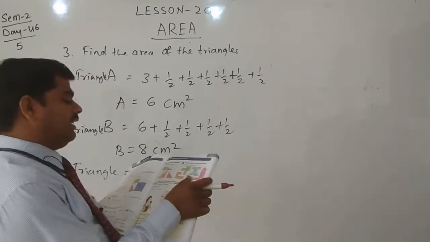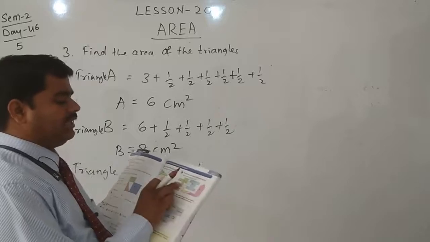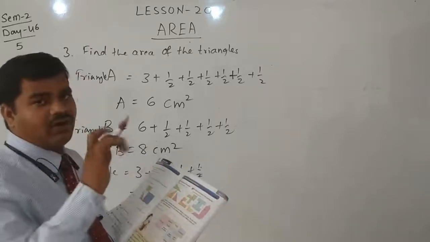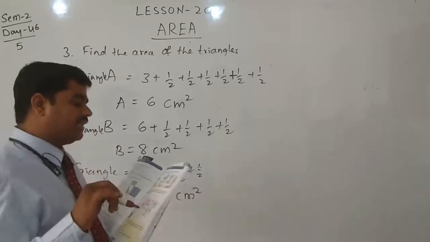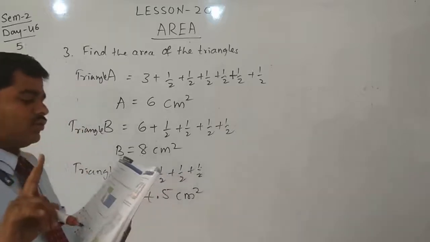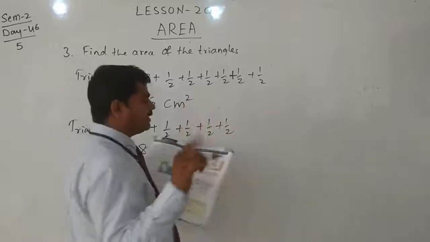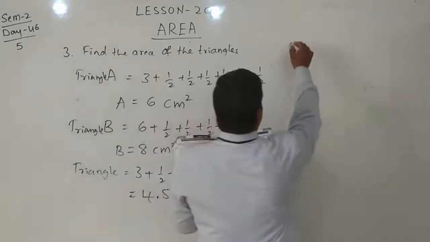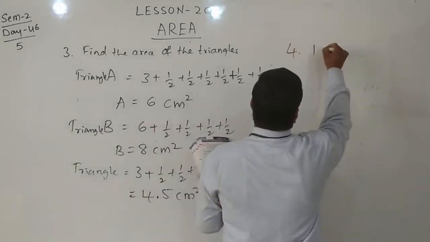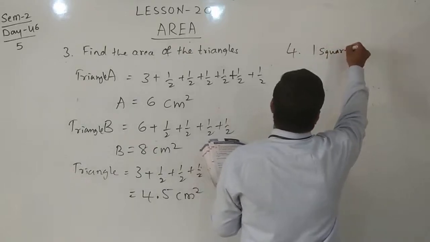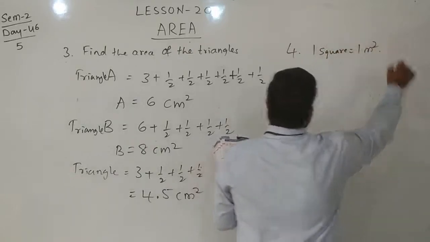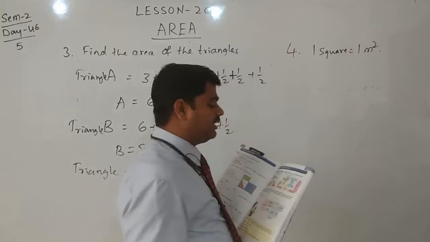D and E, there is a half. In A, B, C, there is no half. All full square units are there. 1 square is equal to 1 meter square. In the fourth question, 1 square is equal to 1 meter square. Its area is 1 meter square.